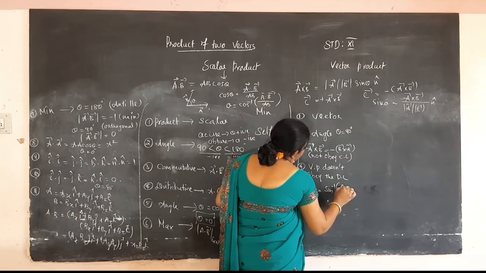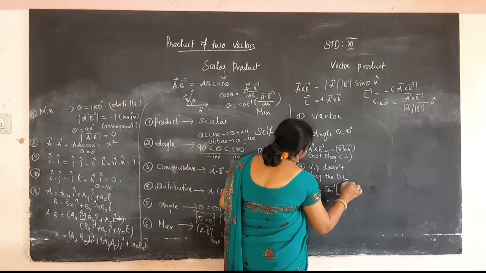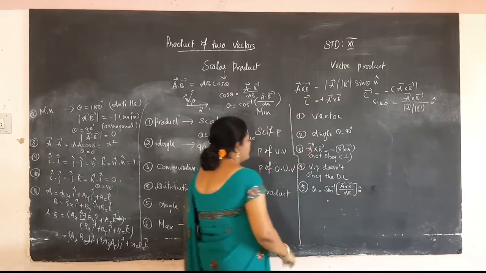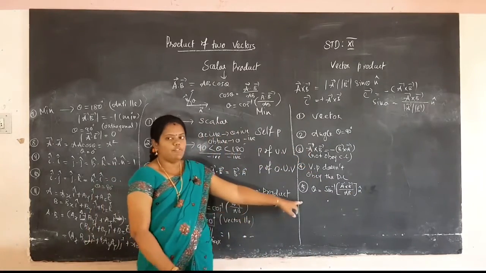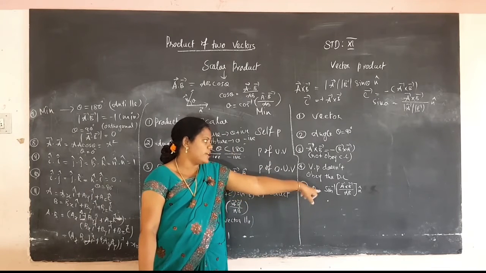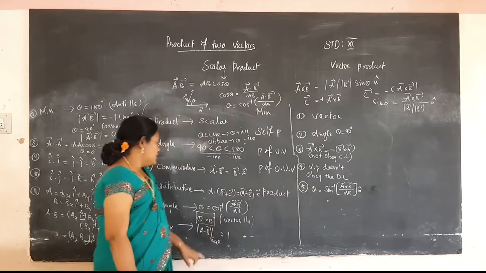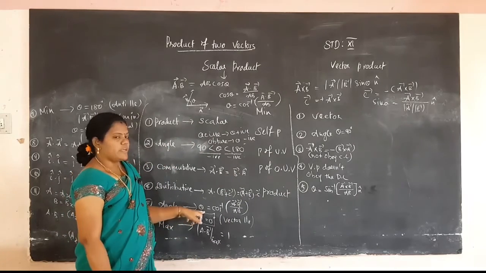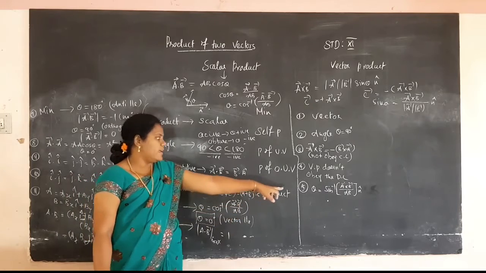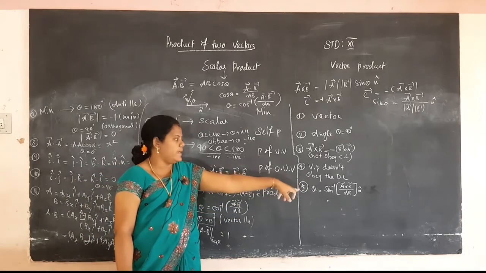So theta is equal to sin inverse of A cross B by AB into n cap. This is the angle for the vector product, whereas the scalar product angle is theta equal to cos inverse of A dot B by AB.